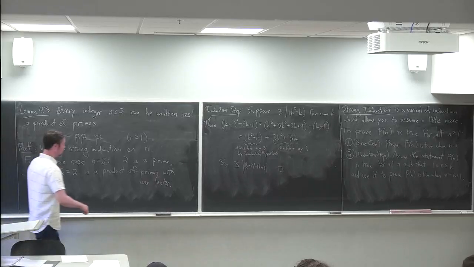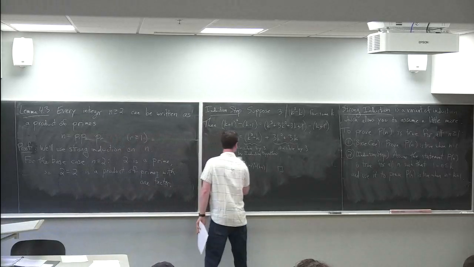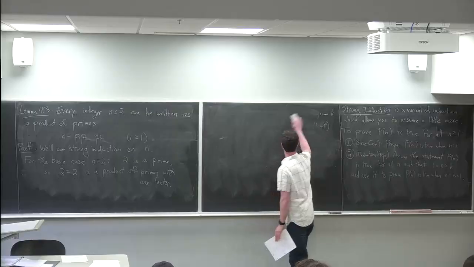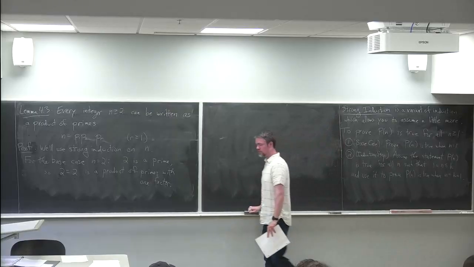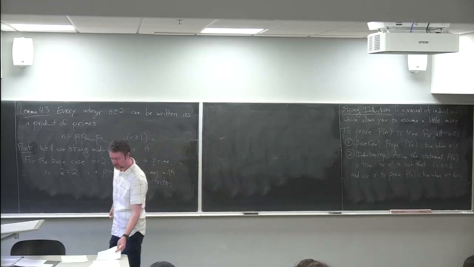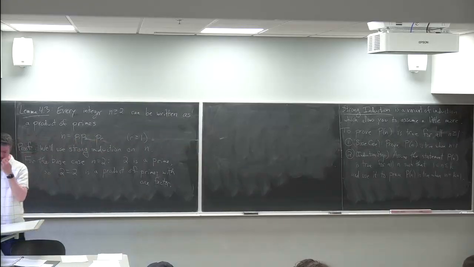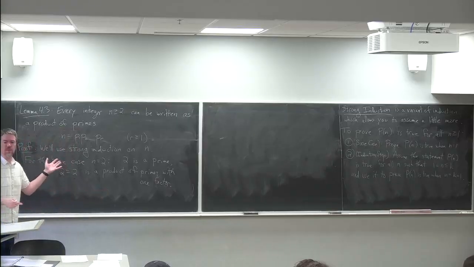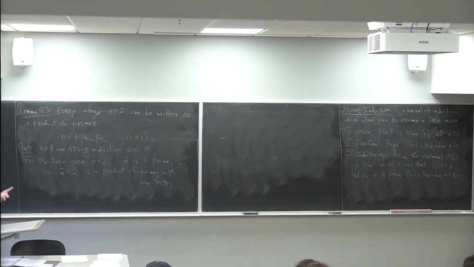Right, so for the induction step, here's how the argument would go in words. If you wanted to show that an integer was a product of primes, you could take an integer n, or they would call it k plus 1 or something. Anyway, you could take your number, and one of two things is going to be true.